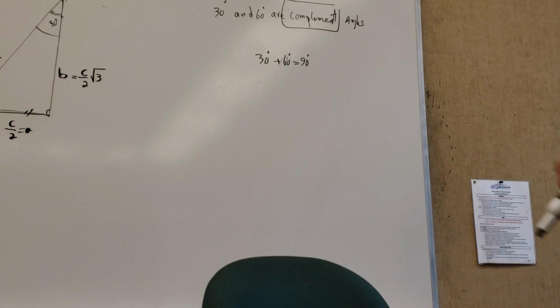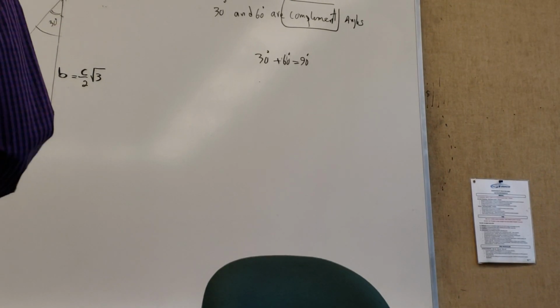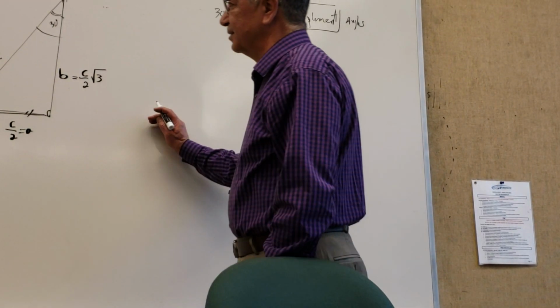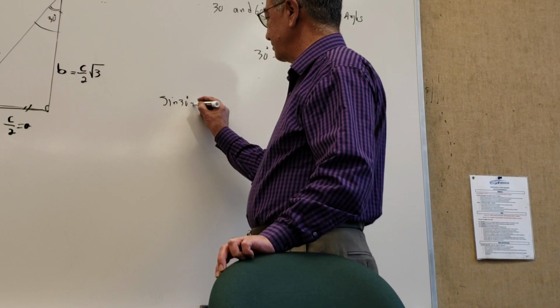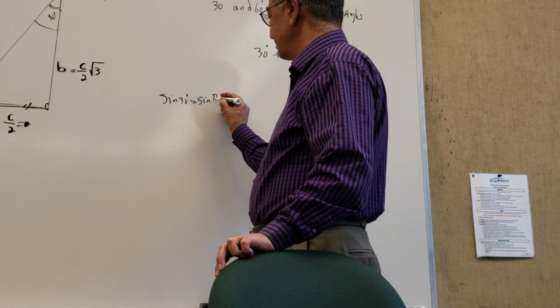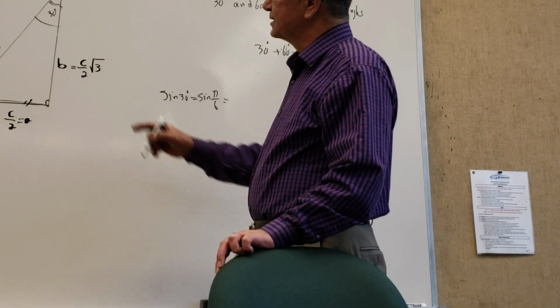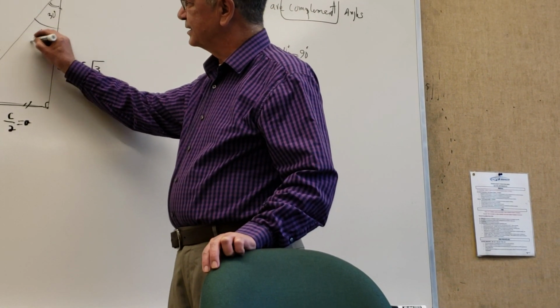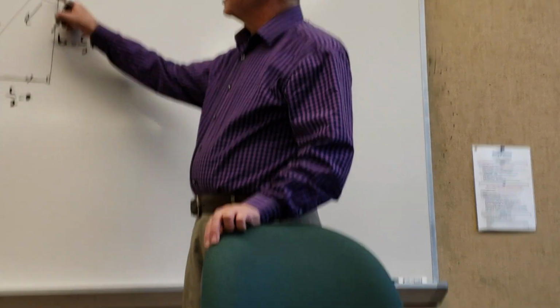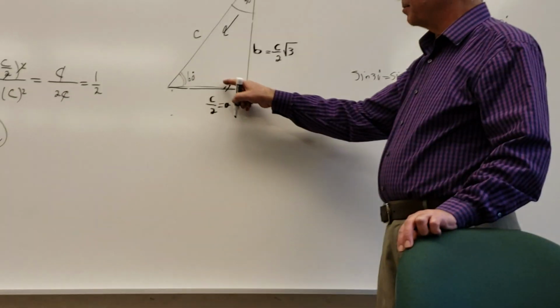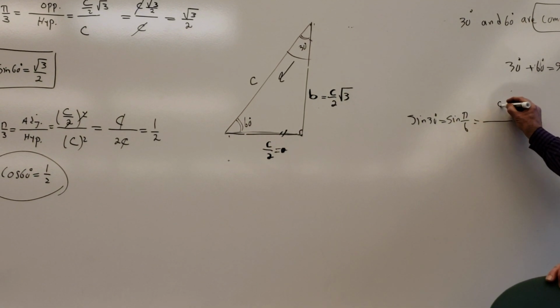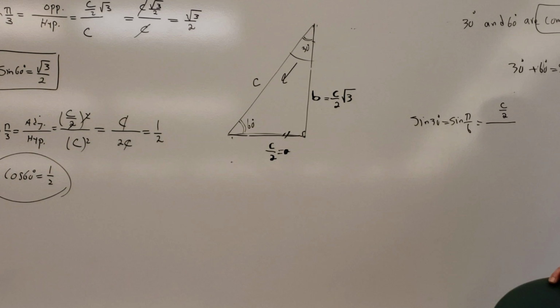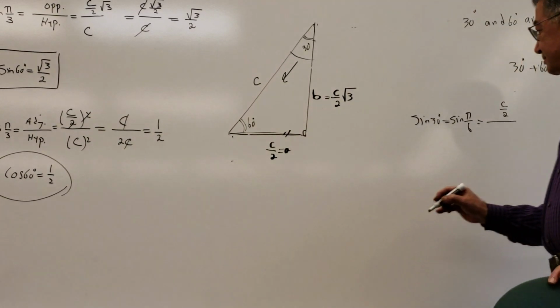And look what happened. This is interesting. When I want to find the sine of 30 degrees, this is the way I'm looking at it. I'm looking at this direction. Sine of 30, the opposite is this one. So that'd be what? C over 2. Hypotenuse is this one.